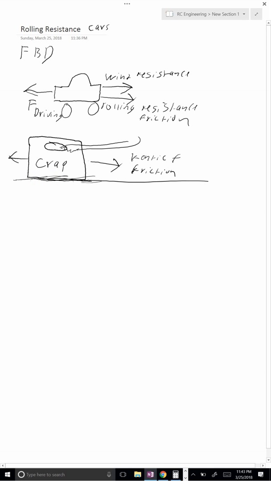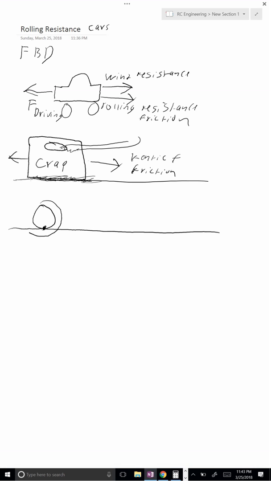Rolling friction is when you have an object that, when it's in contact with the ground, is actually rotating. Because as you can see, this has a lot of area against the ground, while a wheel just has this section that is contacting the ground. So a wheel has a lot less friction than a box with a large footprint contacting the ground. Now, that's why we invented the wheel.